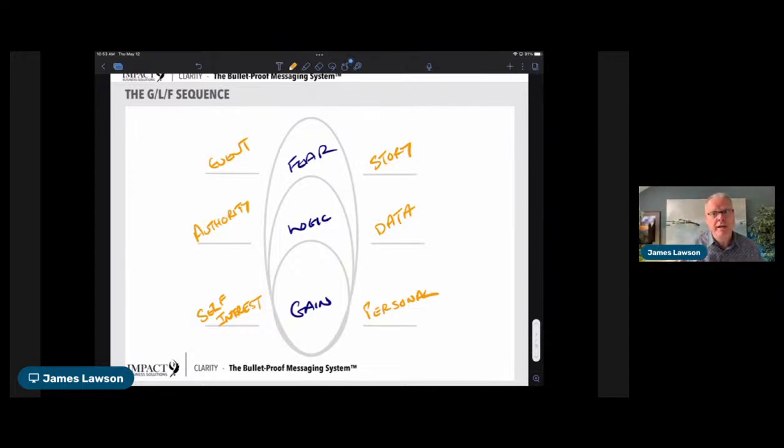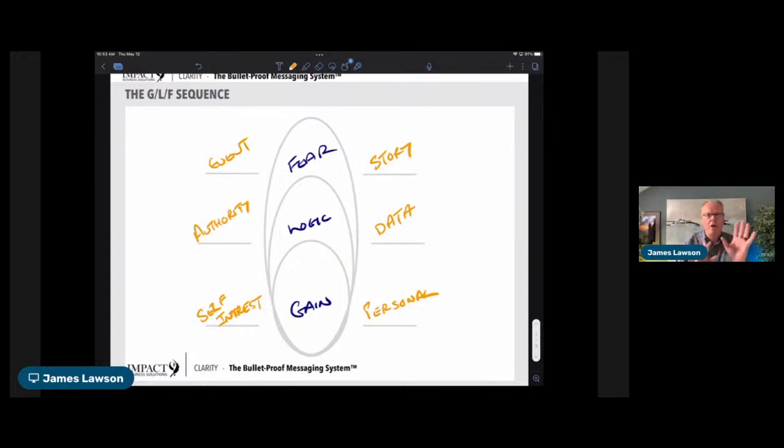In our messaging, we could also add in a story that takes people through the hero's journey. Someone was doing this, it was getting bad, bad, bad. They took an action, suddenly their life changed. So you can take them through the hero's journey.